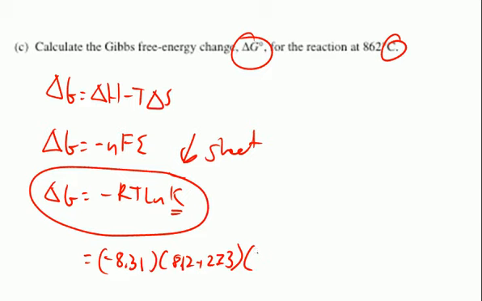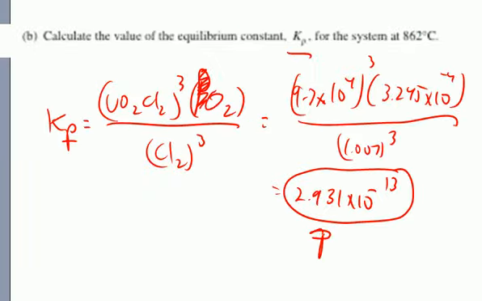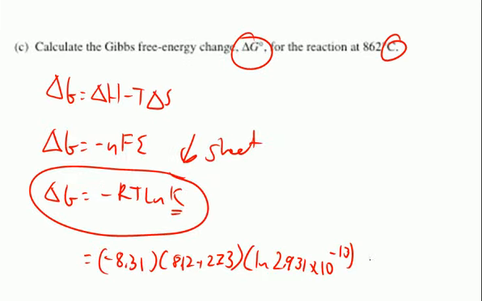We take the natural log of our K value, 2.31 times 10 to the negative 13, plug it all in, and get 272 kilojoules per mole.